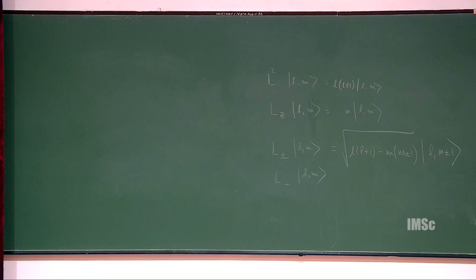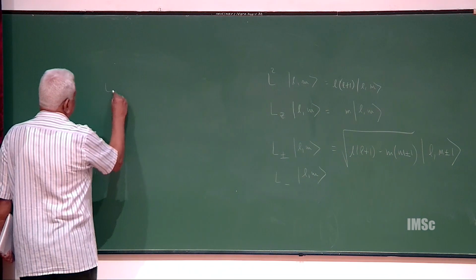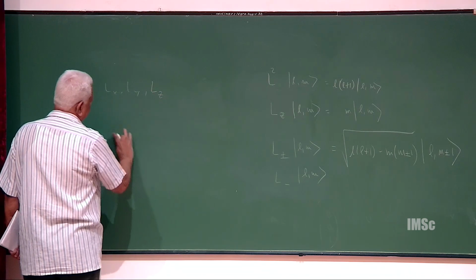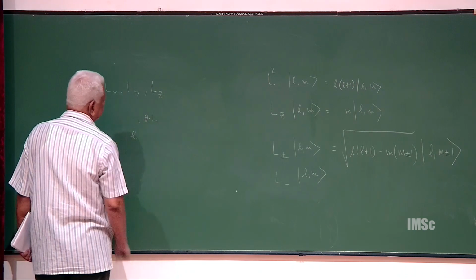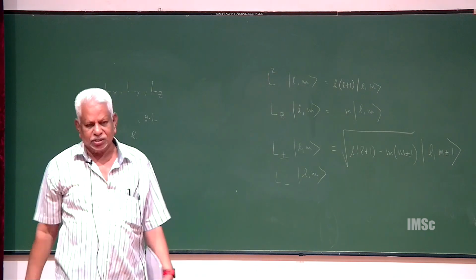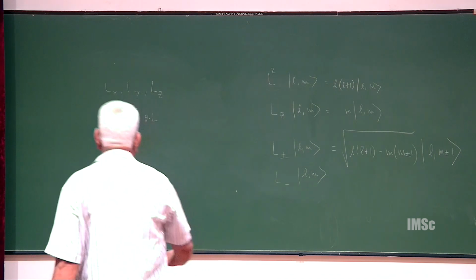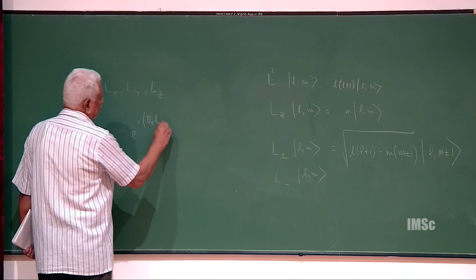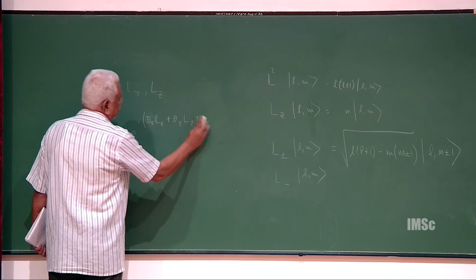Okay, what these generators will do for you is, once I have Lx, Ly, Lz, I can take e to the power i theta times L, that matrix, which means, let me write explicitly, theta x Lx plus theta y Ly plus theta z Lz.